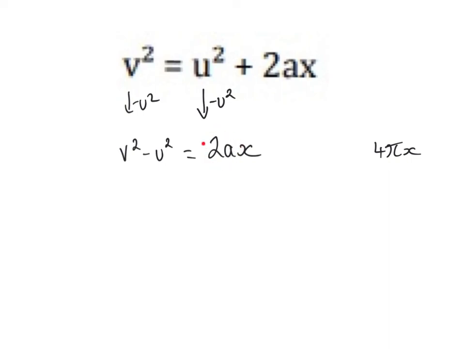It's going to be two lots of a number, which is going to always equal another number. Therefore, we can divide by 2a here and leave me with v squared take away u squared divided by 2a is equal to x. So again, something which looks a little bit more difficult, but if we continue with our simplistic method of using inverses, we end up with an answer which we should be more than capable of getting.